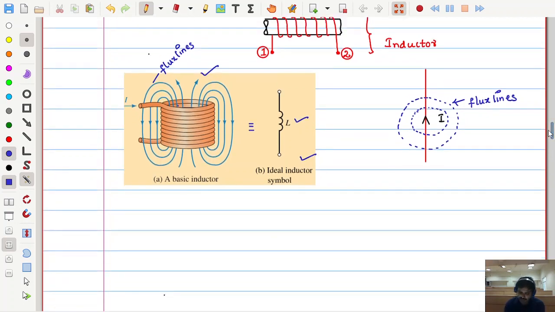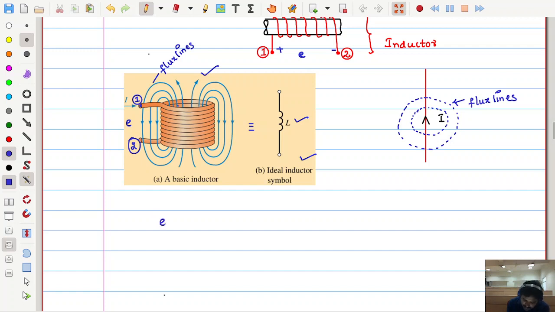Now if we look at the basic principle of this inductor, let me explain in a short way. Consider the amount of induced voltage across these terminals between terminals 1 and 2. If this is the inductor, let us say this is 1, this is 2. What I want to see here is how much the induced voltage across these terminals is.